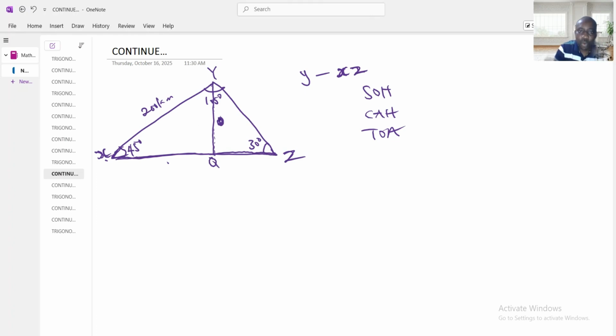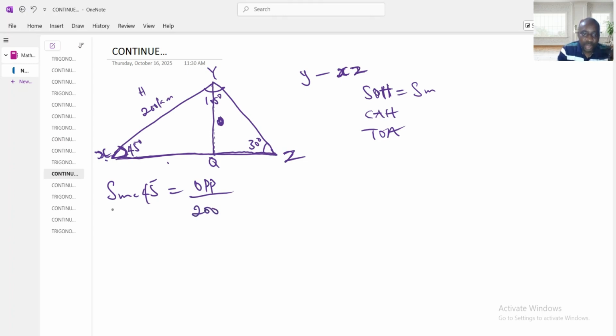So we have O and H. It means that we are going to use sine. Sine of what? Sine 45 degrees. What degree did the question give us? 45. So sine 45 equals opposite over hypotenuse. The opposite we don't know. The hypotenuse is 200 kilometers.